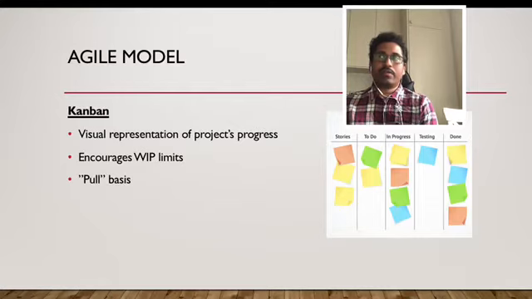If they don't have this limit, then one can assign himself so many tasks, like 10 or 11, but he might not have a good focus on all the tasks.